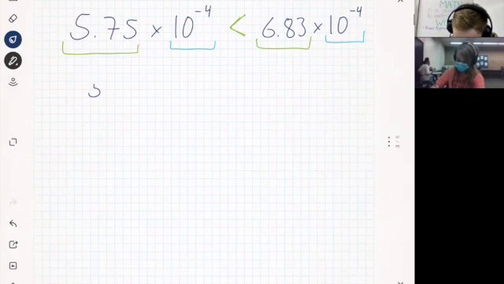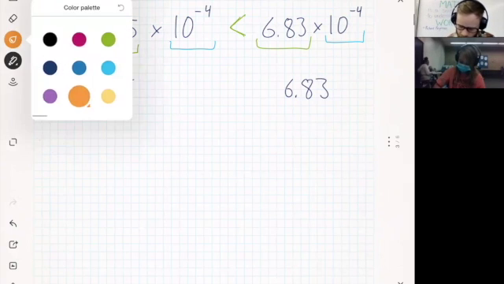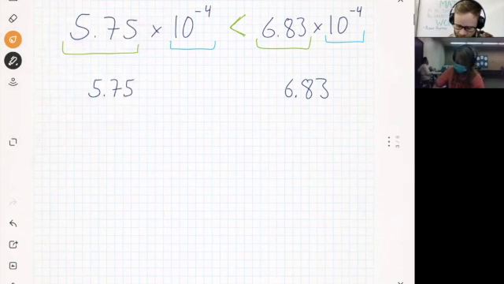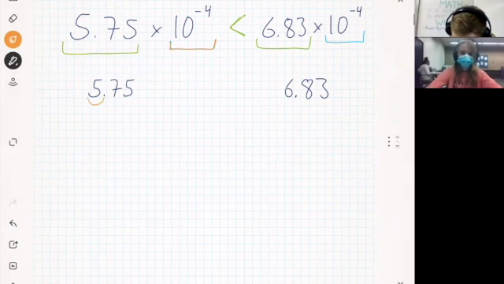So we can do that really quickly. Here we've got 5.75, and over here we've got 6.83. And in both cases, it's 10 to the negative 4th. So we're going to move the decimal to the left because it's negative 4 times. So 1, 2, 3, and 4. Do that over here. 1, 2, 3, 4.